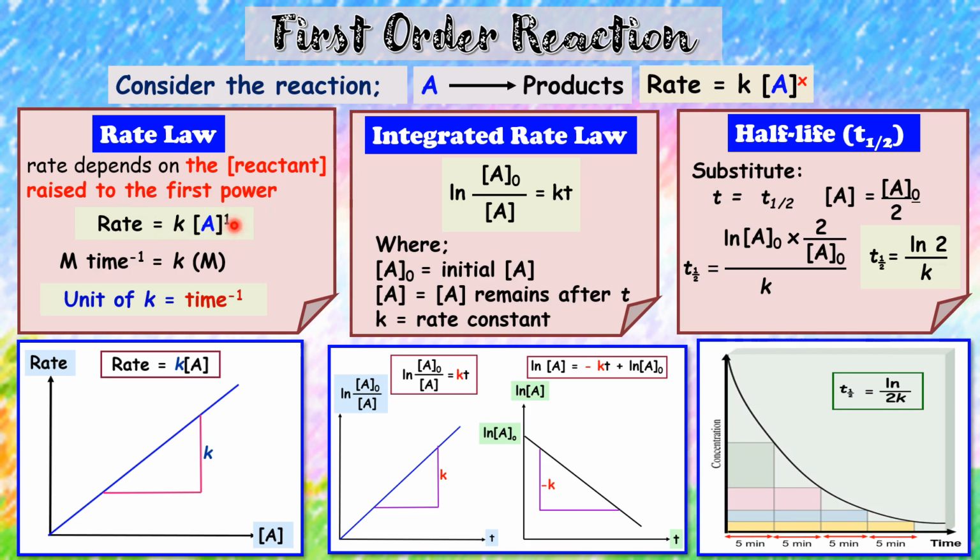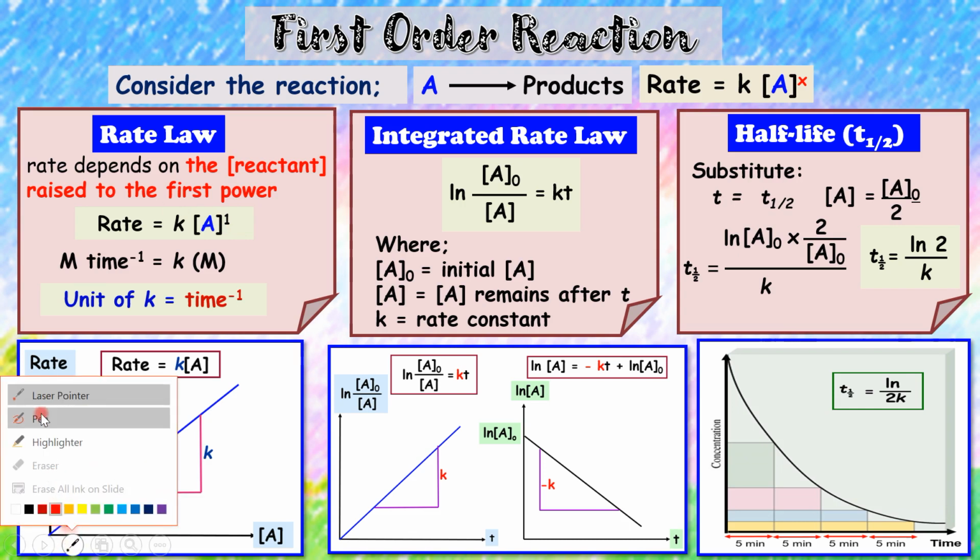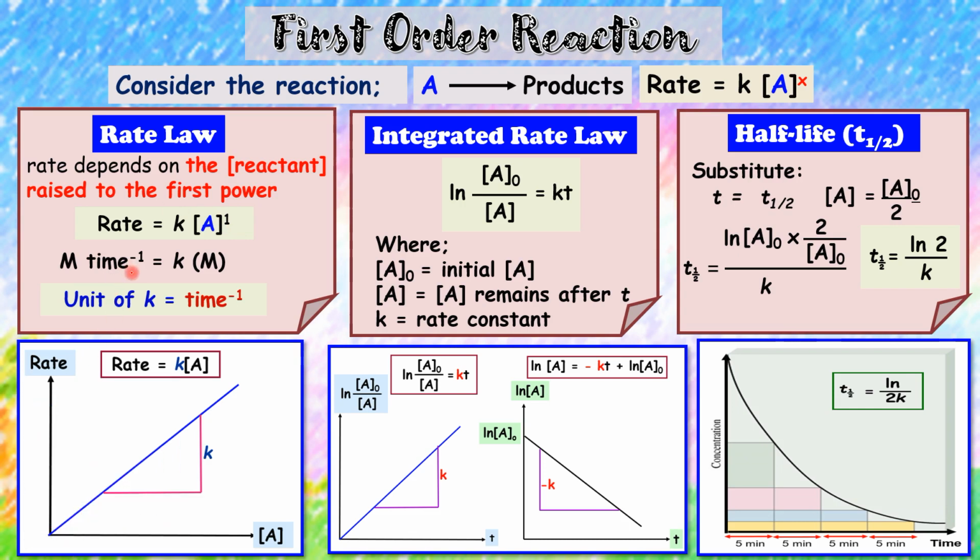When we substitute the unit of rate, molar per time, equals K times the unit of concentration of A, which is molar, we cancel out the unit of molar. So the unit of K for the first order is per time.